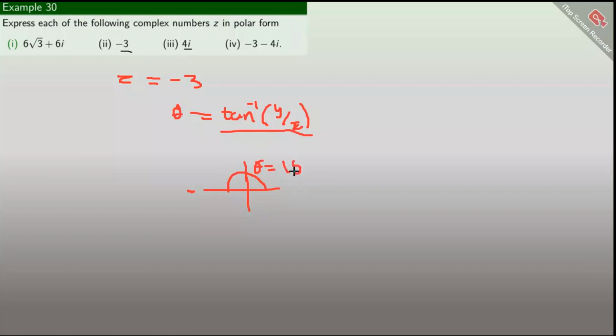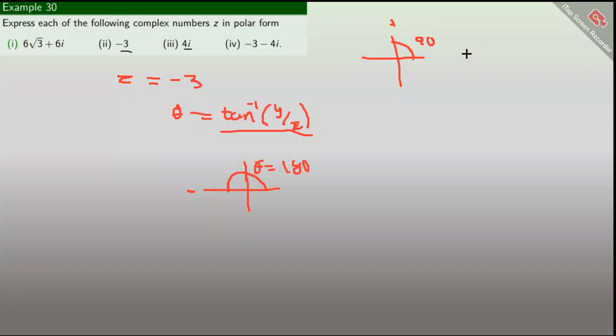It will be equal to 180. That's all, I'm done. Even looking at this other one, I know that it's only having the imaginary part, which is the y-axis, and it's positive, so it will be touching the y-axis at that point, 90.